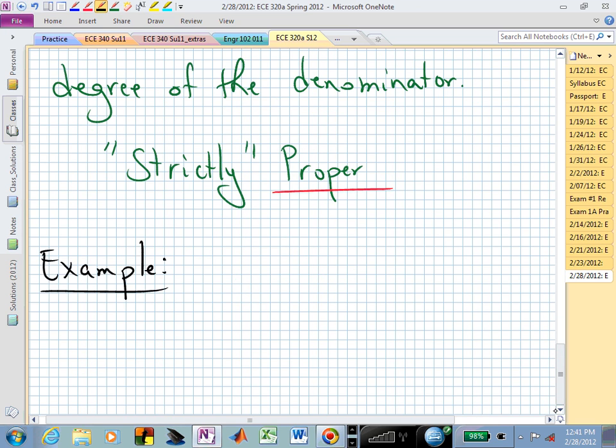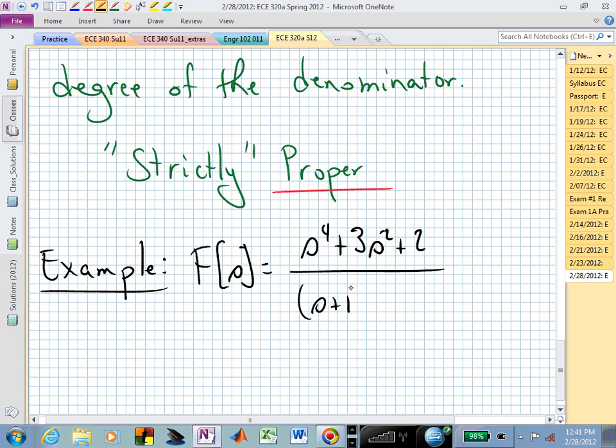Suppose that somebody gives us a transform, f of s, that's s to the fourth plus 3s squared plus 2, and downstairs you have two factors, s plus 1 and s plus 2. And maybe you need to put it all together so that you can compare.